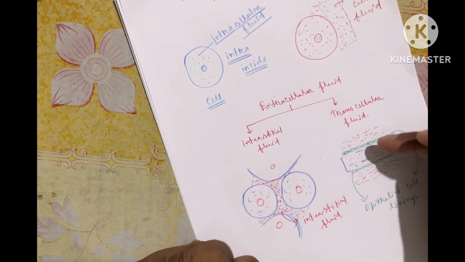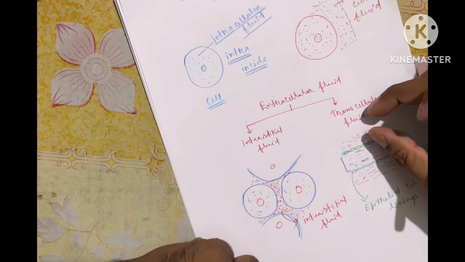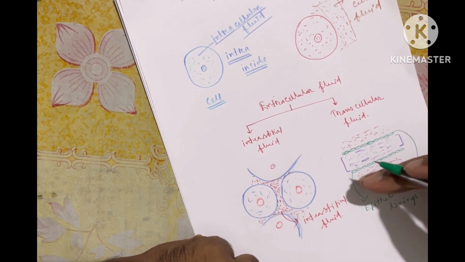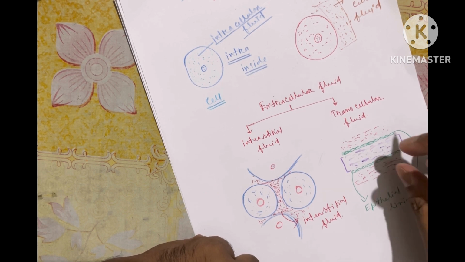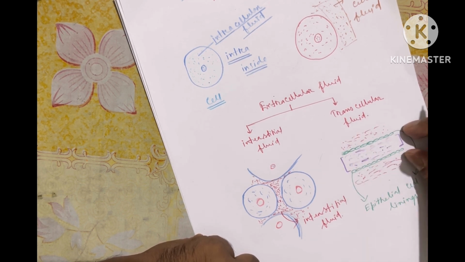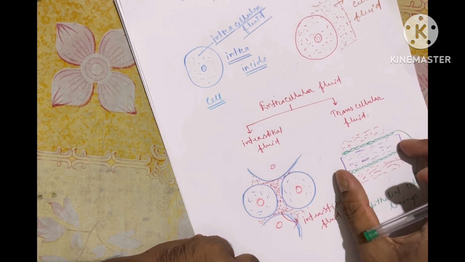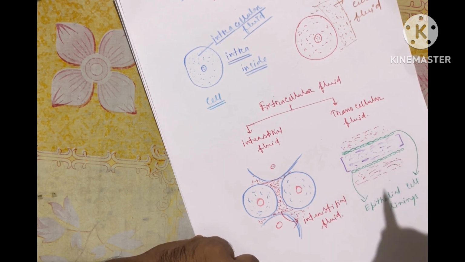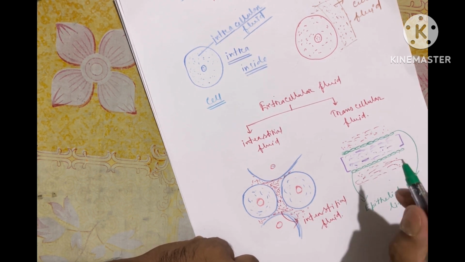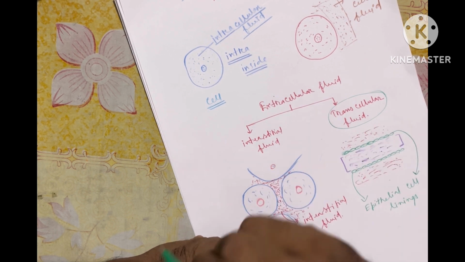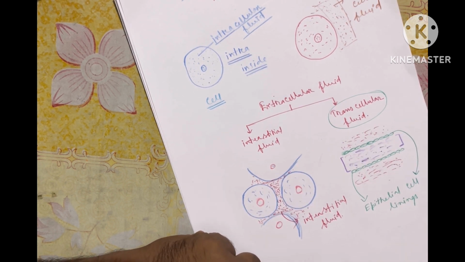If blood and the fluid are separated by an epithelial membrane, and the fluid is present in between two epithelial layers, making some kind of compartments, then those fluids are called transcellular fluid. So what is the difference between transcellular and interstitial fluid?